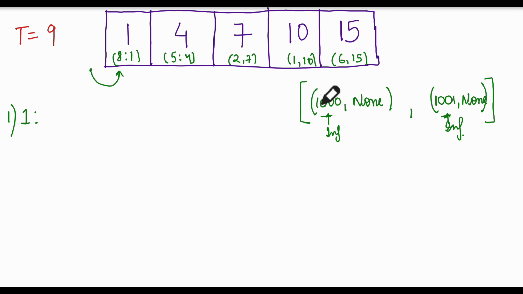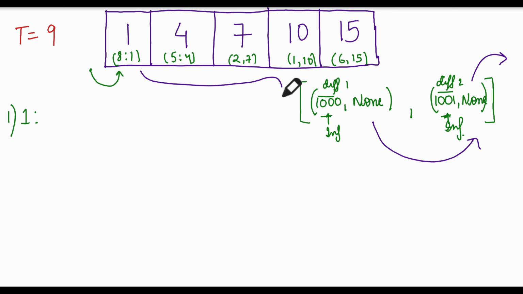Let's say this is difference 1 and this is difference 2. If this element's difference is less than both of these, I'm going to move this particular tuple out of the list, move this one here, and this one I will move to the first place.